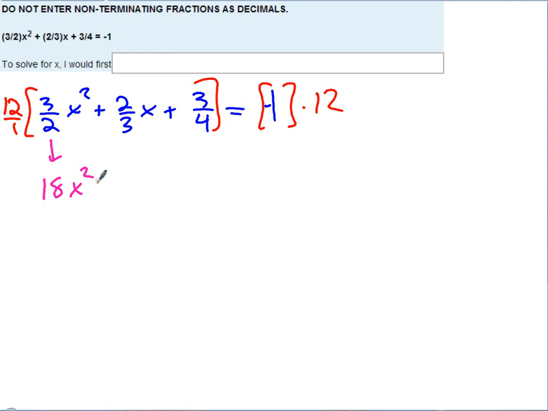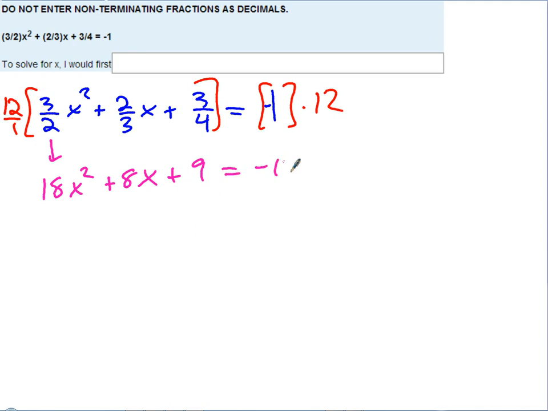When we're clearing fractions, you might as well reduce before you multiply so you can deal with smaller numbers. Remember that trick. 12 over 3 is 4 times 2, which is 8x. 12 divided by 4 is 3 times 3, plus 9.